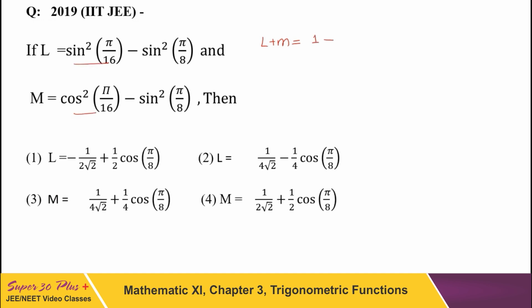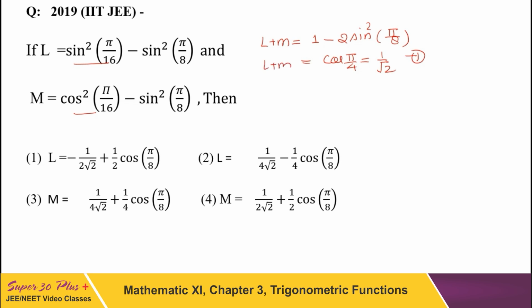It is 1 minus 2 sin square theta, where theta is pi by 8. Got it? What is the value of 1 minus 2 sin square theta? It is cos 2 theta. Cos 2 theta is cos pi by 4 and the value of cos pi by 4 is 1 by root 2. This is the equation number first, means L plus M is here.